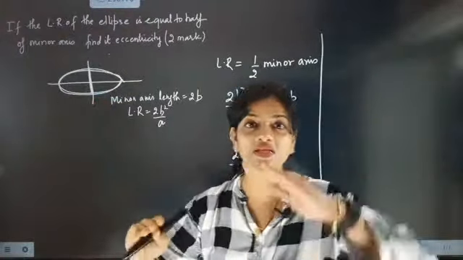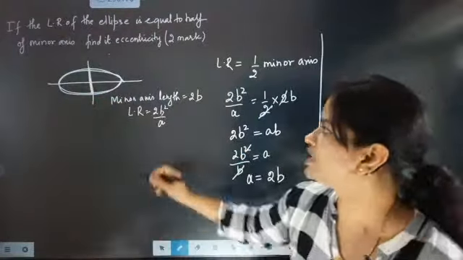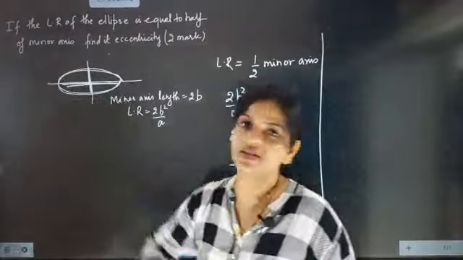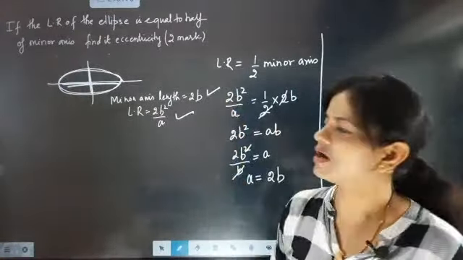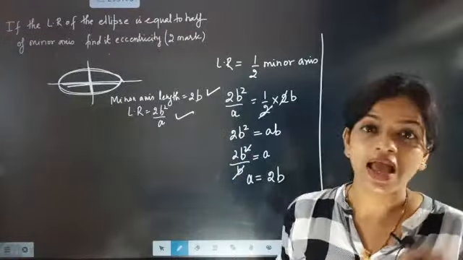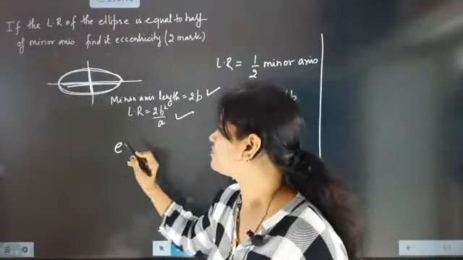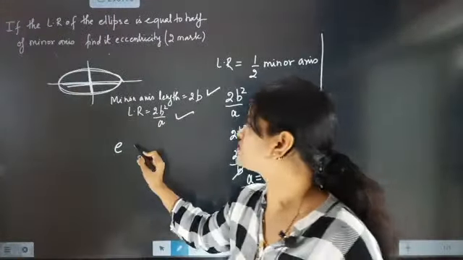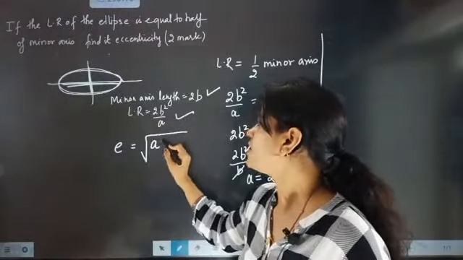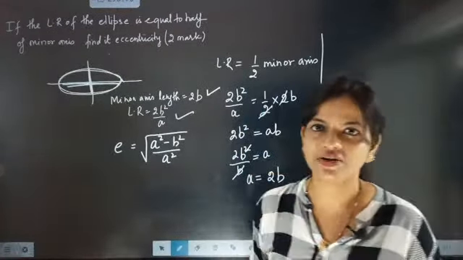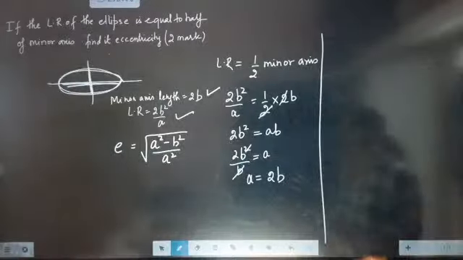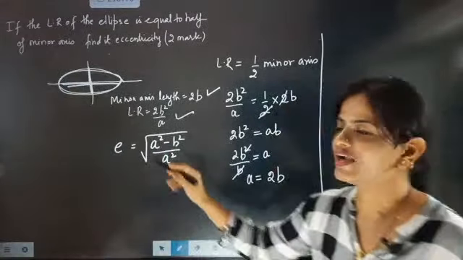When the ellipse is resting with its major part on the x-axis, the minor axis is 2b, and the eccentricity equation will be root under (a square minus b square) by a square. This is the eccentricity. They told us to find the eccentricity, so now we are going to find it.